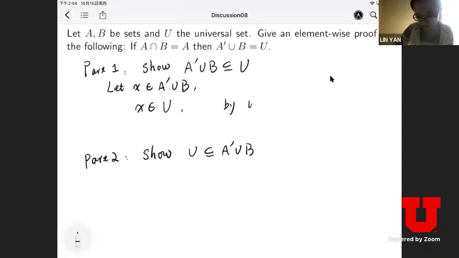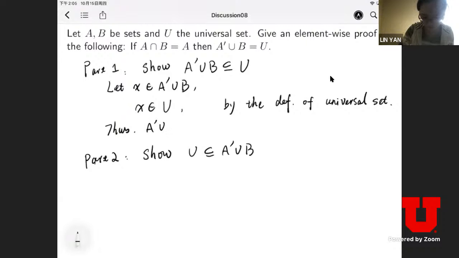This is by the definition of union, or universal set. So A complement union B is a subset of the universal set. So we are done with the first part.